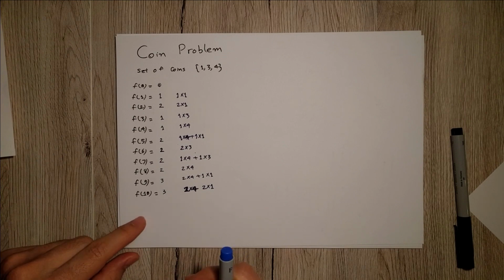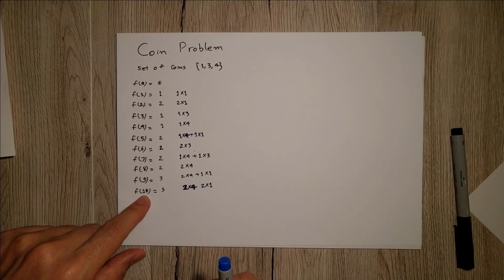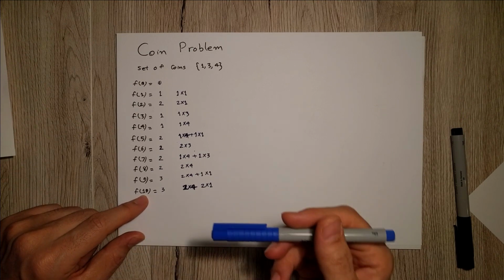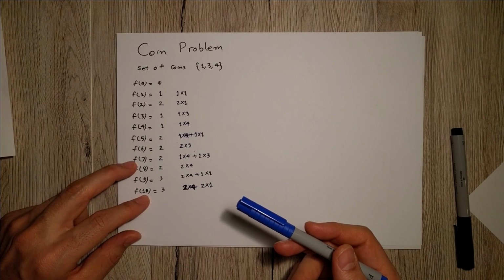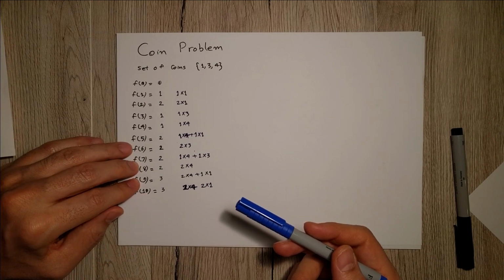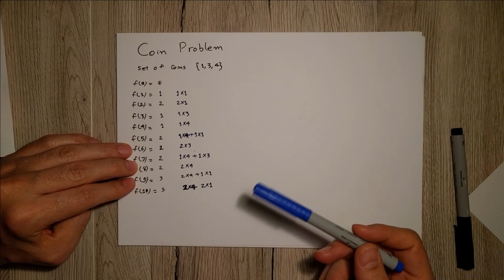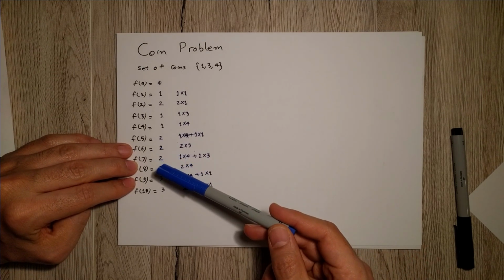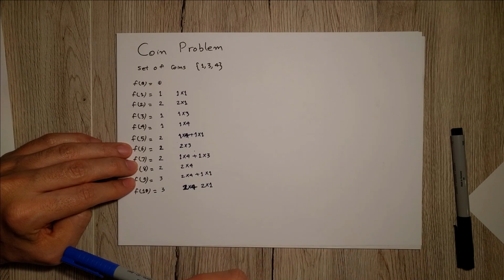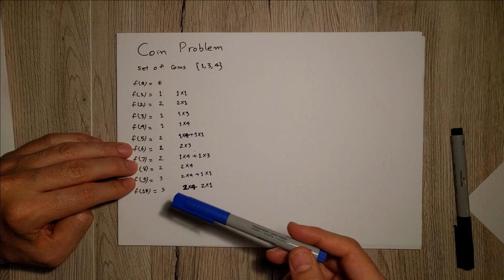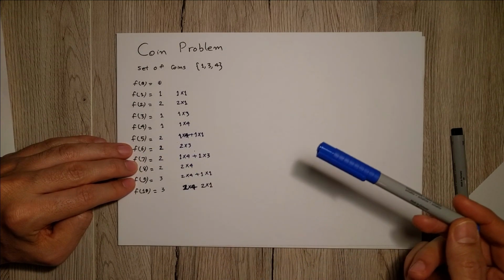For instance, if I need f of 10, I can look at the previous answers, like f of 9, f of 7, and f of 6, and say, okay, the number of coins that I need is one of these solutions plus 1, because I grab one of these solutions and add another coin to that.